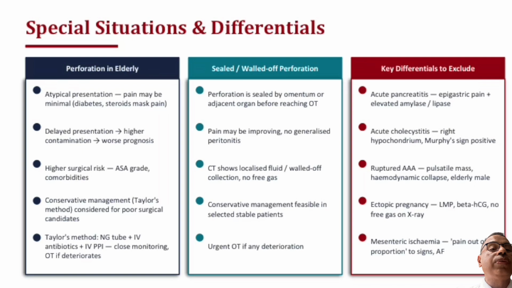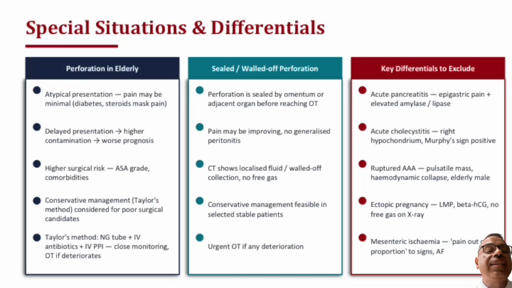Sometimes a special situation occurs when there is a sealed or walled-off perforation, which may be sealed by omentum or an adjacent organ even before the patient reaches the OT. Suddenly the patient starts to improve, the pain may improve, there may not be any generalized peritonitis, and a CT scan would show a localized fluid collection or a walled-off collection. There may not be any free gas under the diaphragm.